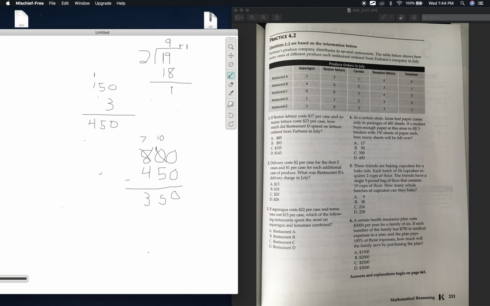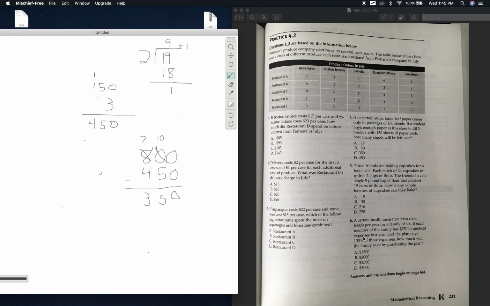So we can get 9 batches out of this 19. Okay, so that is your answer, 9 right here.